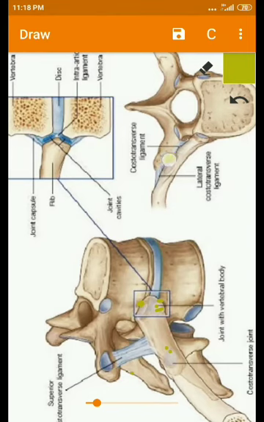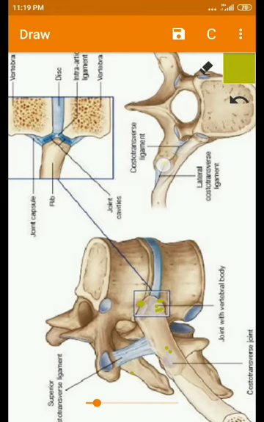As for the other ligaments besides the capsule, I have already mentioned the costotransverse ligaments when describing the rib. This joint is reinforced by costotransverse ligaments.